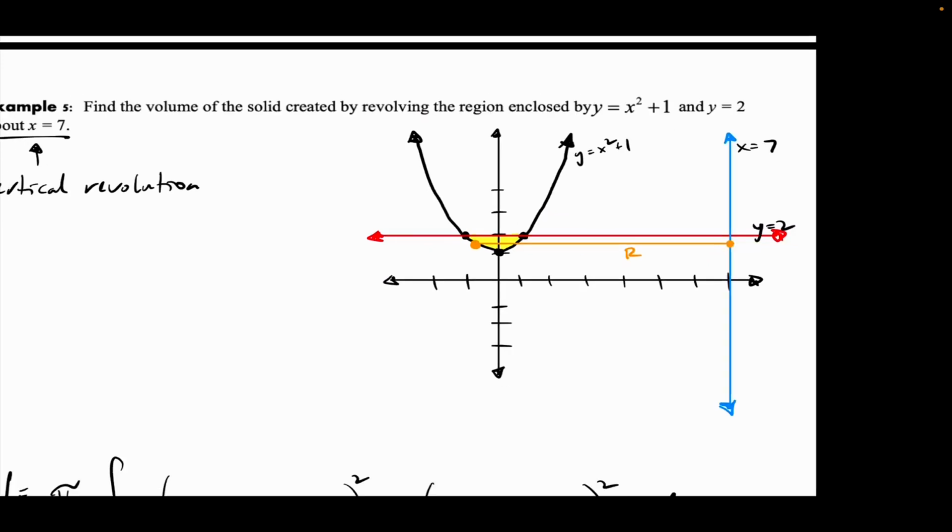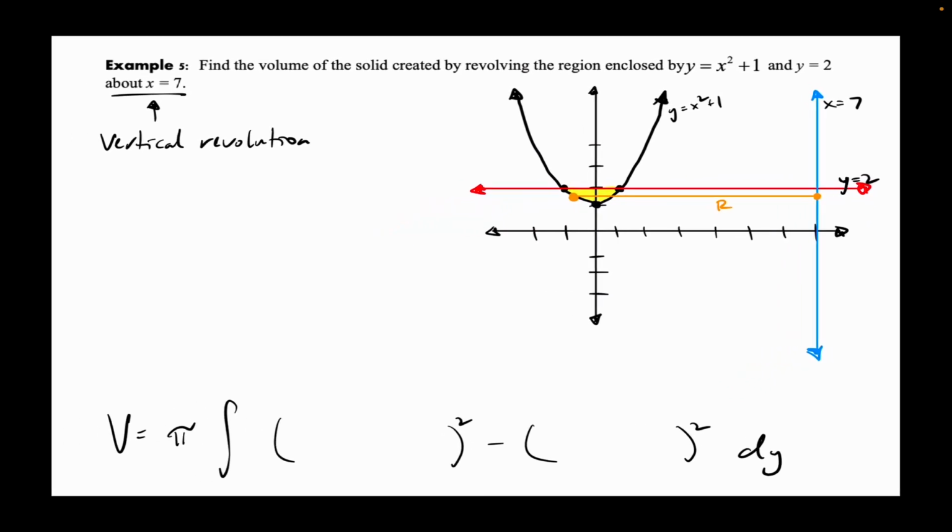So capital R goes from 7 to x squared plus 1. But the problem is I can't put x's in my dy. So I have to solve y equals x squared plus 1 for x first before I put it into my equation.